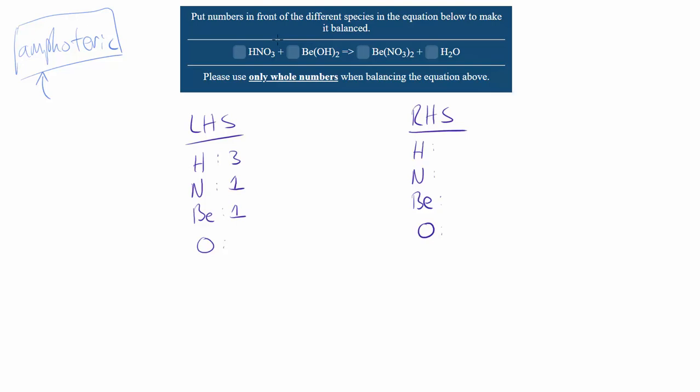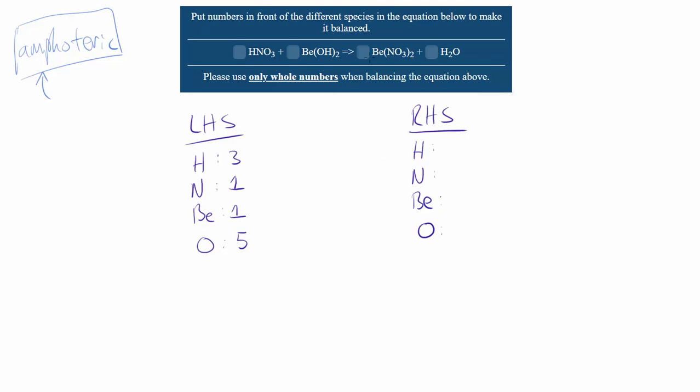And oxygen: we've got O3 and we also have OH2, so 1 times 3 plus 1 times 2, which is 3 plus 2, so we've got 5 for oxygen.